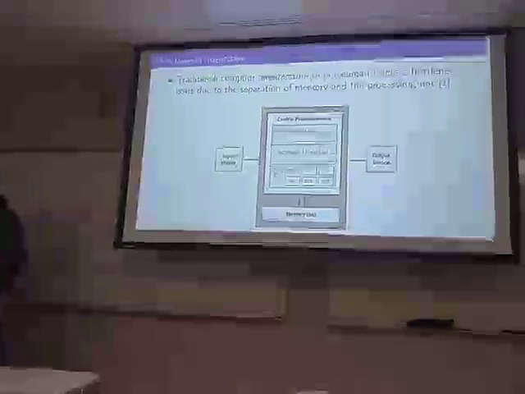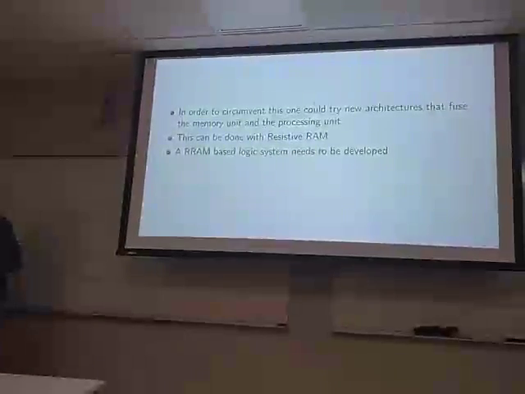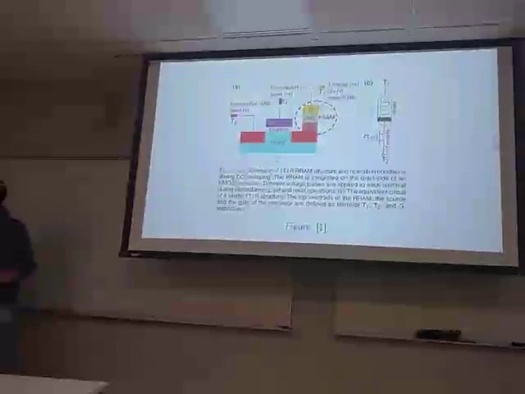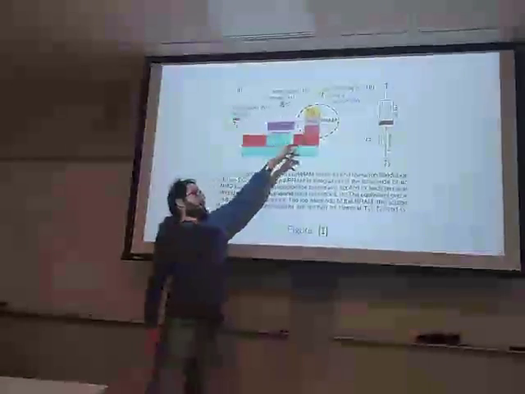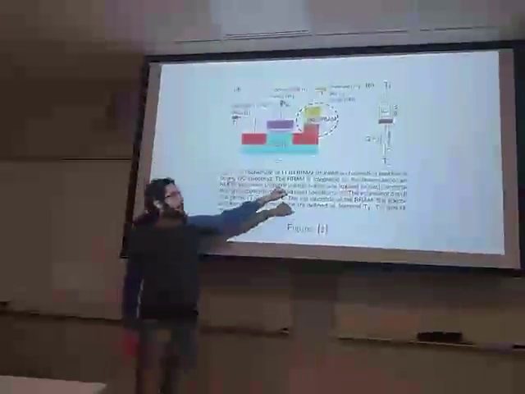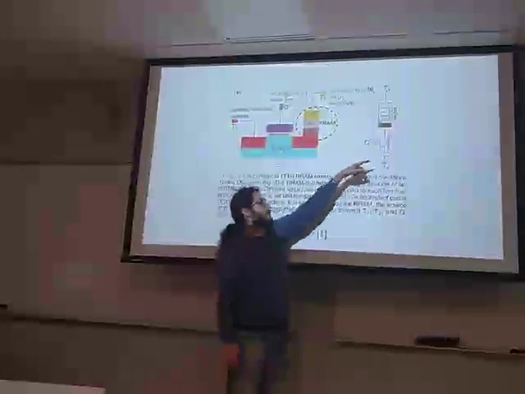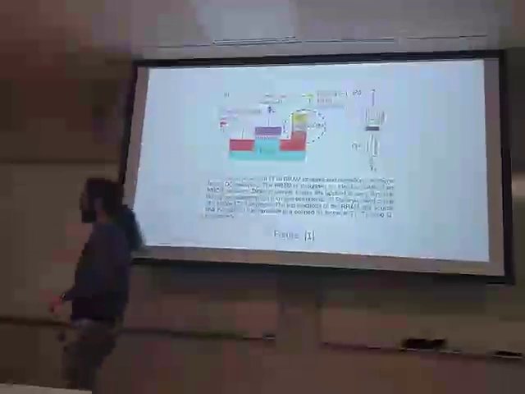This group developed a device that has the resistive RAM up here connected to an NMOS gate, and then it has three inputs, and an output obtained by measuring the resistance of the device.